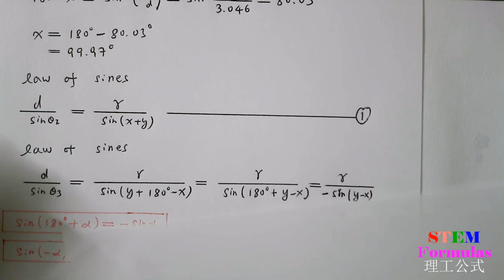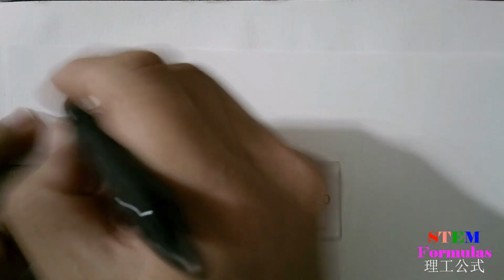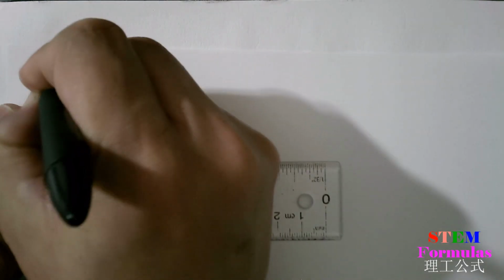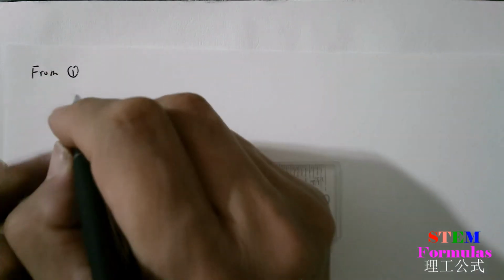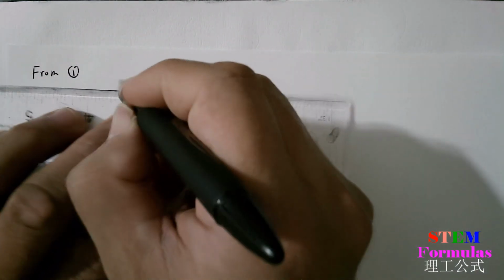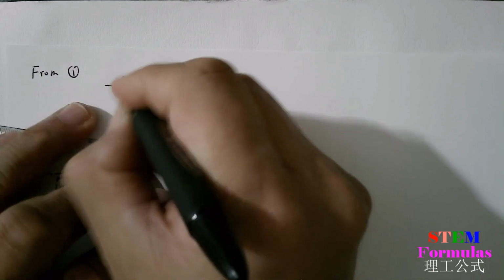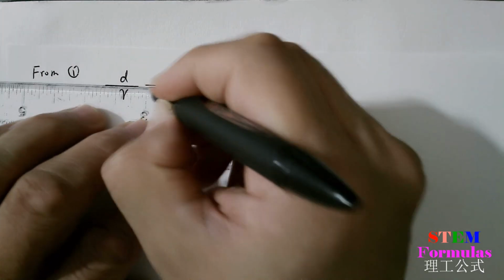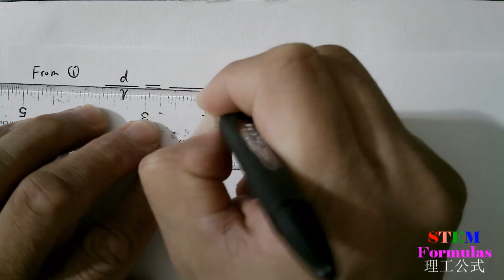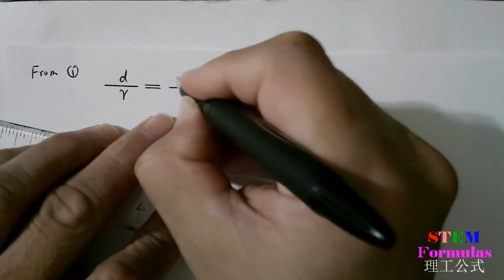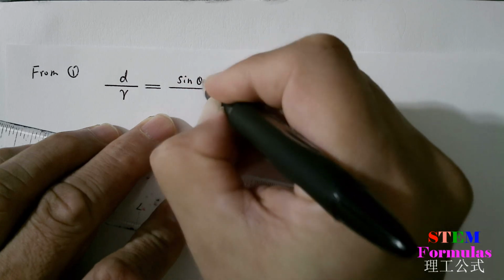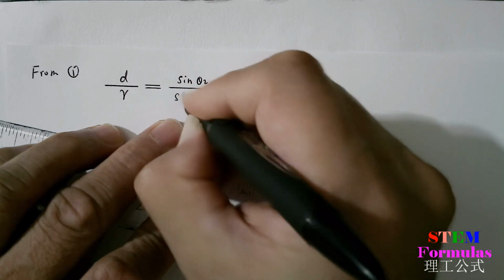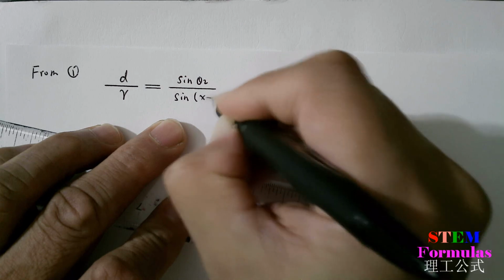From equation 1, I have d divided by r equal sine theta 2 divided by sine x plus y.